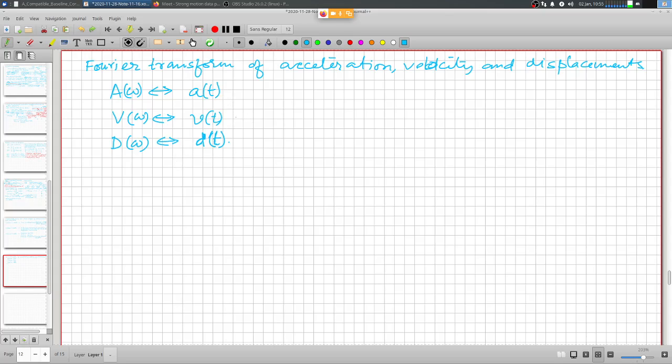Now v(t) is derived as the integral of a(t), and d(t) is derived as the integral of velocity. Now the integral is done very easily.